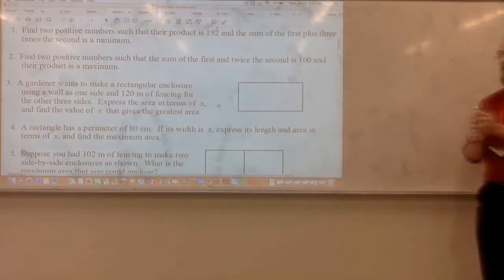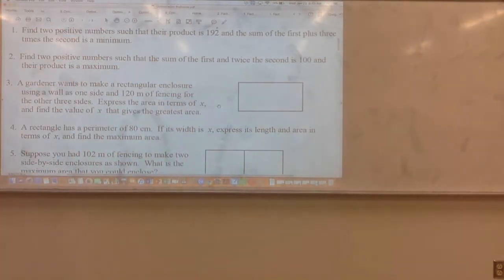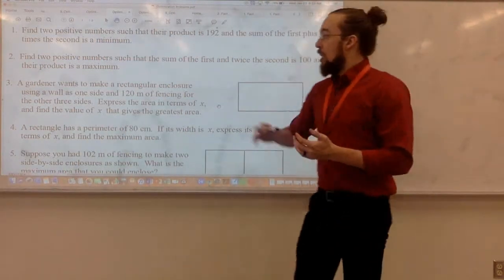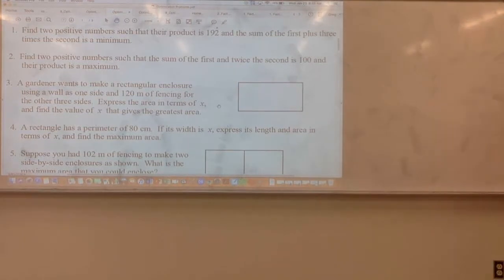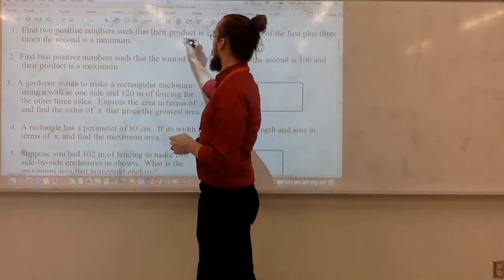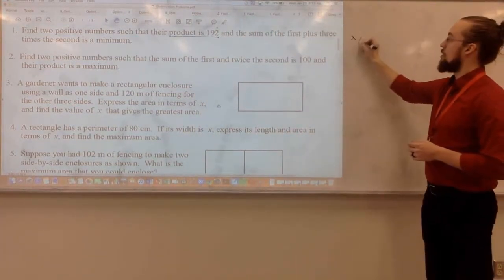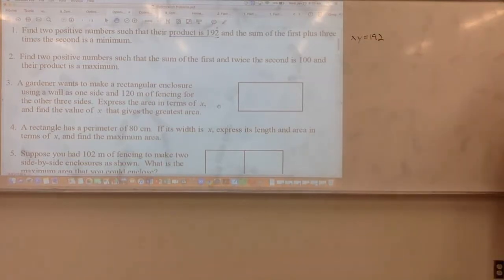Alright, so number 1. First thing we want to do is draw a picture normally, but for 1 and 2, if we're just finding 2 numbers, there's not really a picture to draw. So I want to find 2 positive numbers such that their product is 192. Product means I'm multiplying them together and getting 192, right?